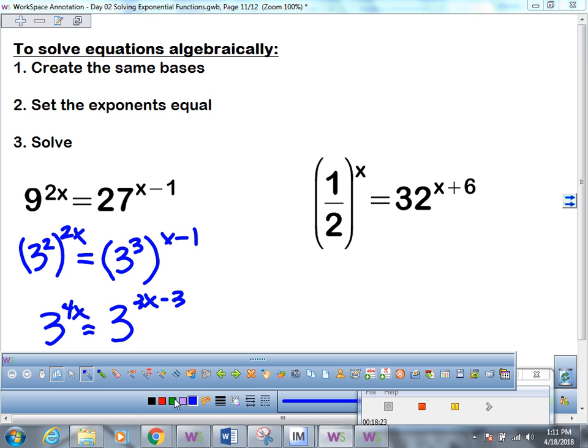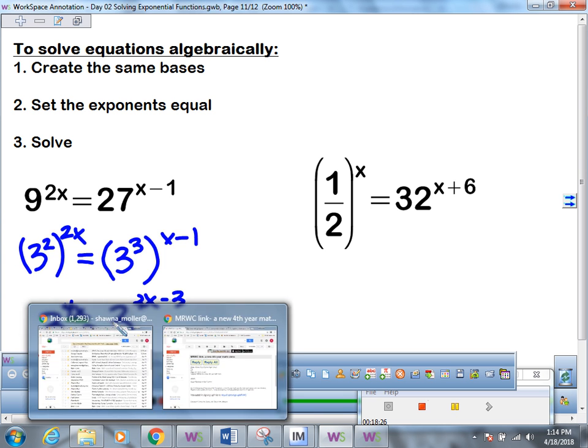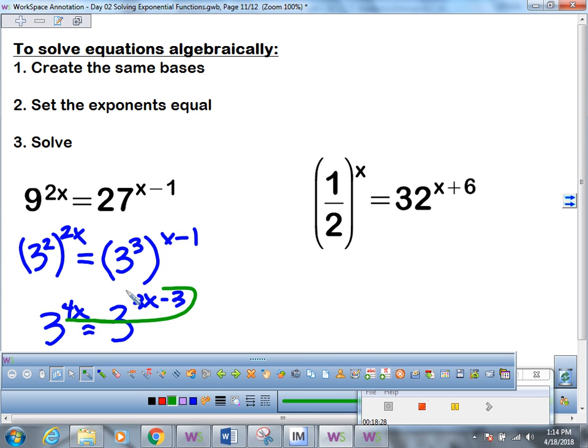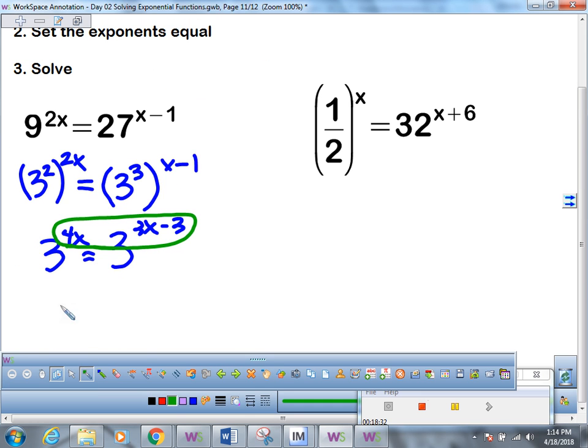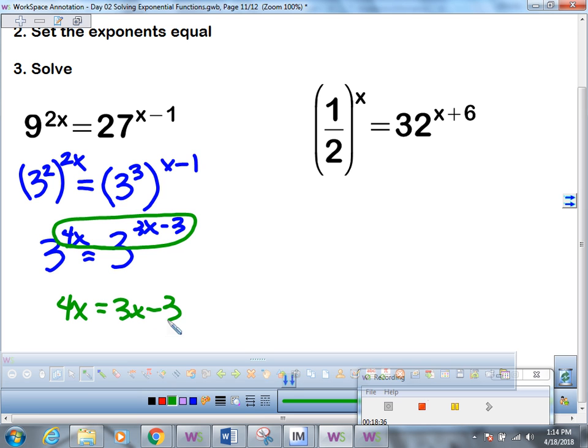Common bases, compare exponents. So I'm left with 4x equals 3x minus 3. Take 3x from both sides and you get x equals negative 3.